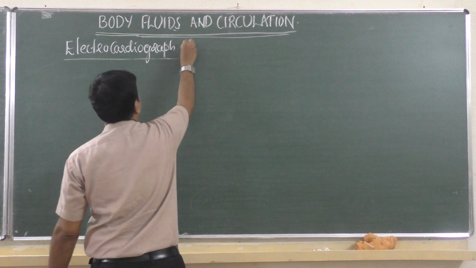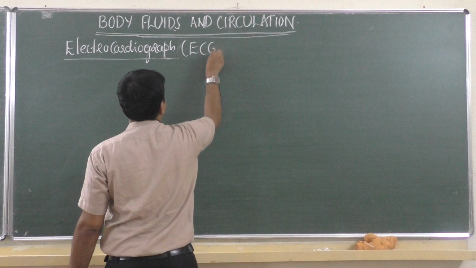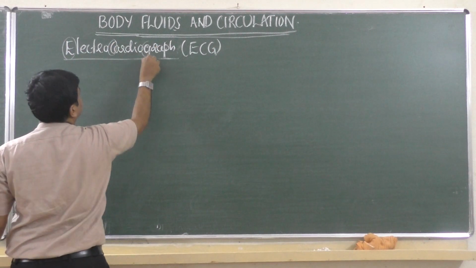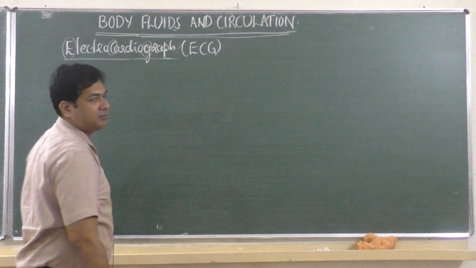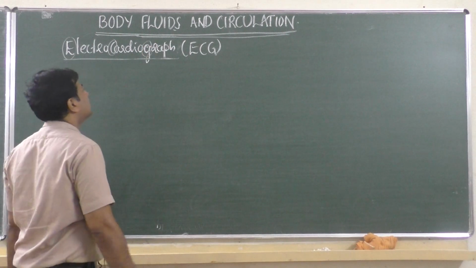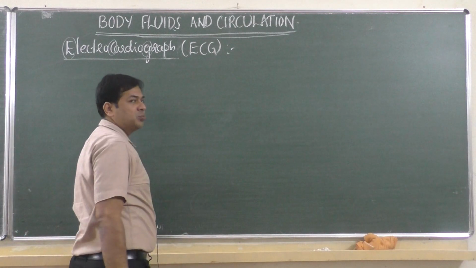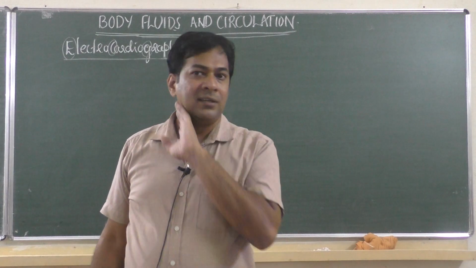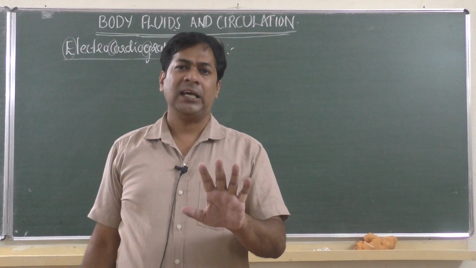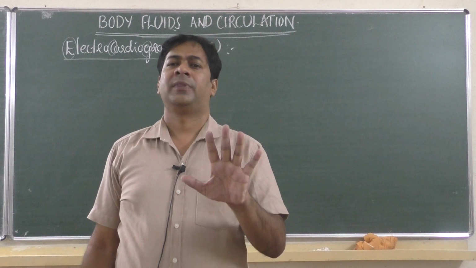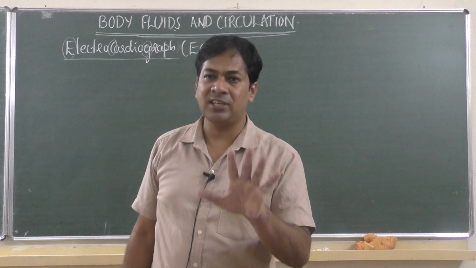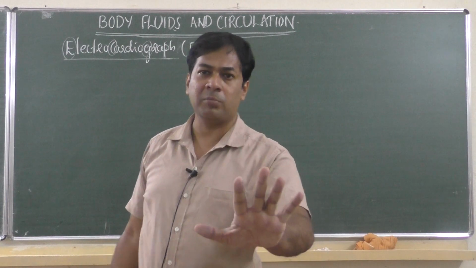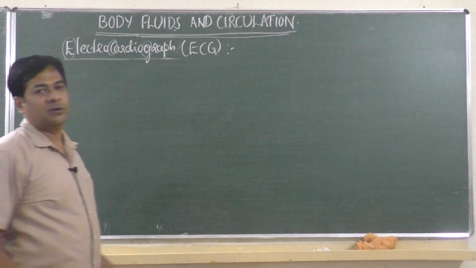In short, we call it ECG: electro E, cardio C, G graph, a single word. The electrocardiograph is used to measure the electrical activity of the heart during the cardiac cycle. That means, in simple terms, it shows whether the heart is functioning normally or not. Whether the function of the heart is normal or abnormal, you will come to know by the electrocardiograph.